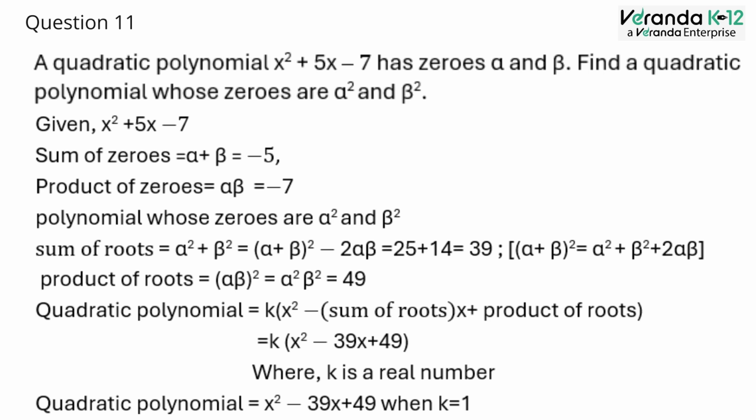So k into x square minus sum of the roots into x plus product of roots is equal to k into x square minus 39x plus 49, where k is a real number. So when k equal to 1, we get the quadratic polynomial as x square minus 39x plus 49.